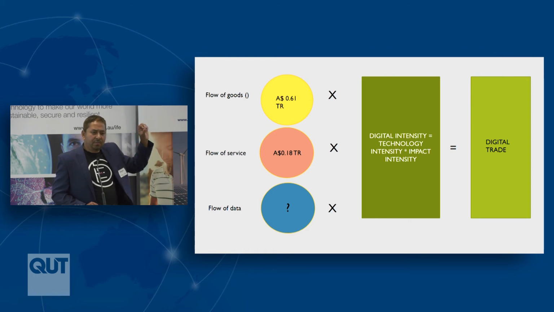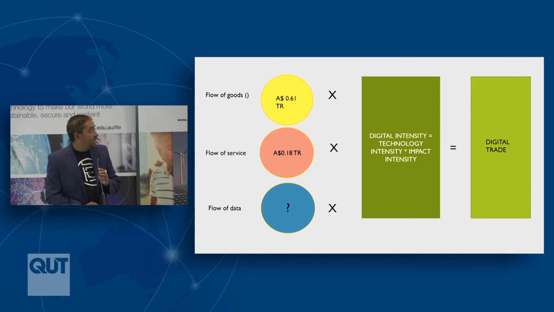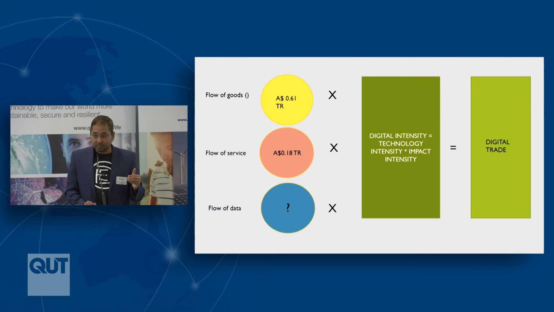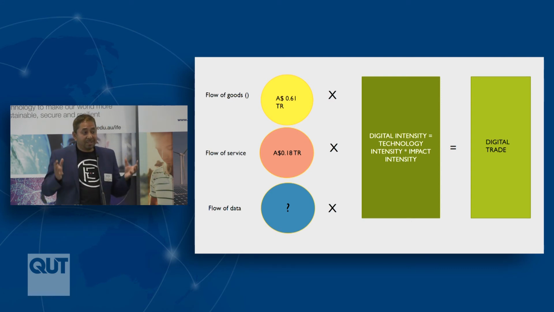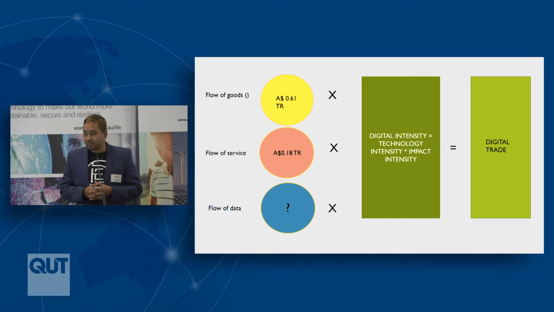So if we think about the economy as a whole, Australia has flow of goods, flow of service, but we have missing information about the flow of the data. What is more importantly missing is the digital intensity, which is essentially the technology intensity and the impact intensity, which is not measured in Australia. And this is why we don't see a comprehensive picture of the Australian digital economy.